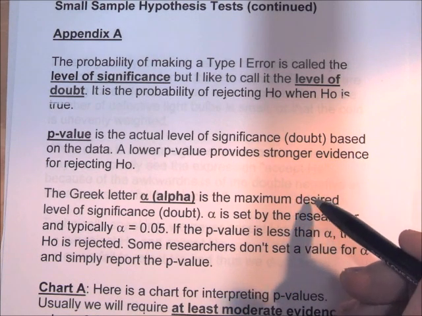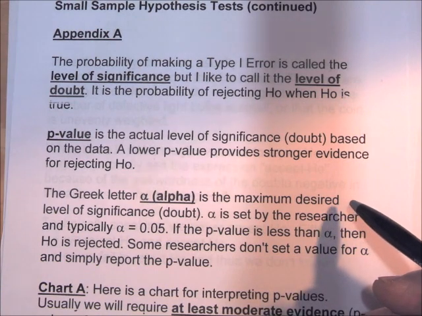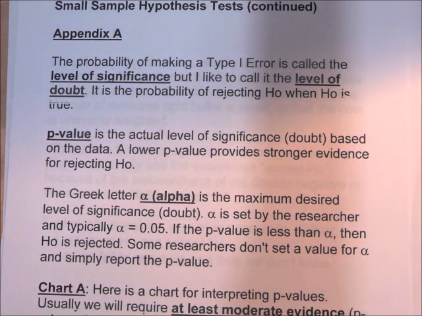The Greek letter alpha is the maximum desired level of significance or level of doubt. It is set by the researcher, and typically alpha is 0.05. We'll usually use alpha equal to 0.05. If the exercises and web sites say something else, then use whatever value they give you.